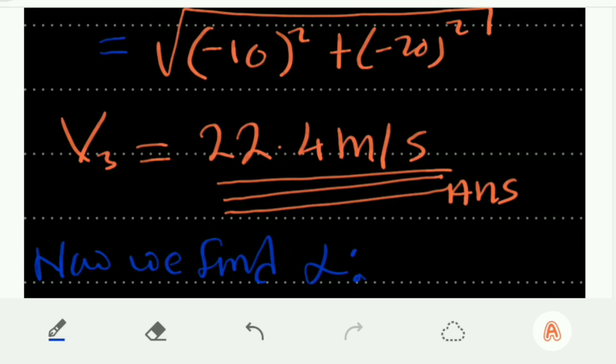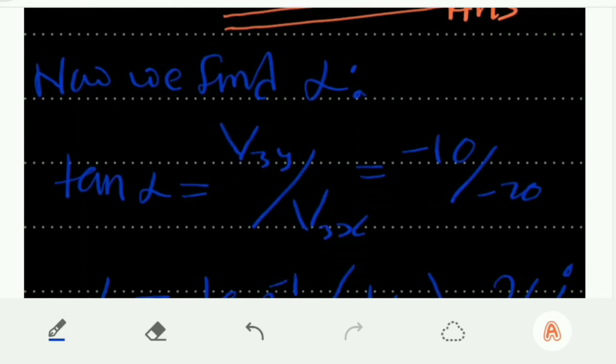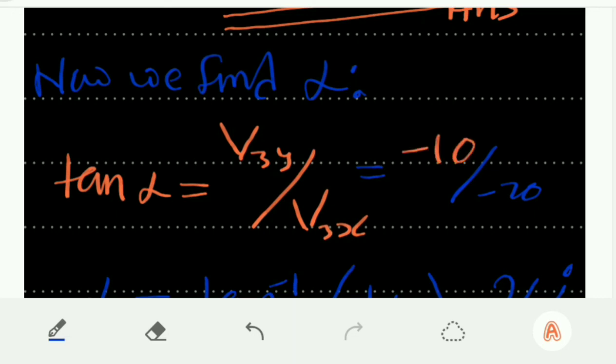Now that we have found its final speed, we are remaining with the direction. Let us now find the direction of this third particle. We know how to do that. We're going to use the tangent. You have tan alpha equals v3y over v3x, where our v3y is minus 10, our v3x is minus 20.